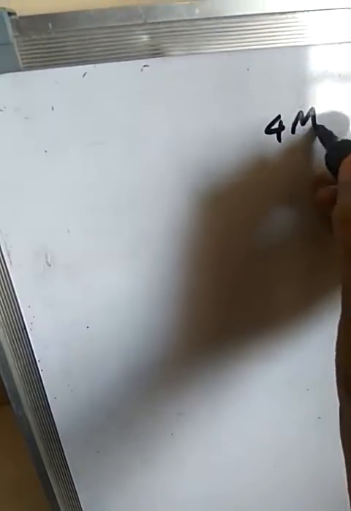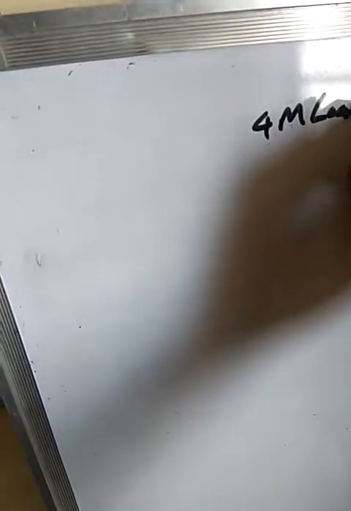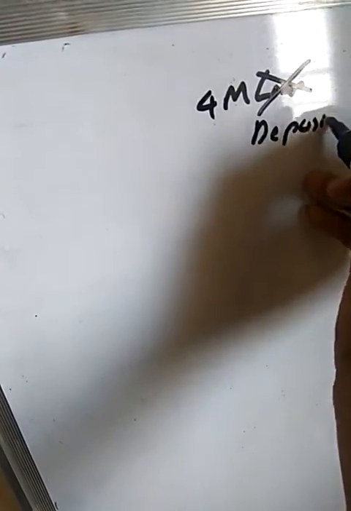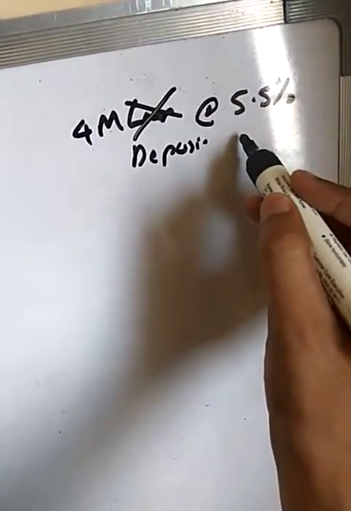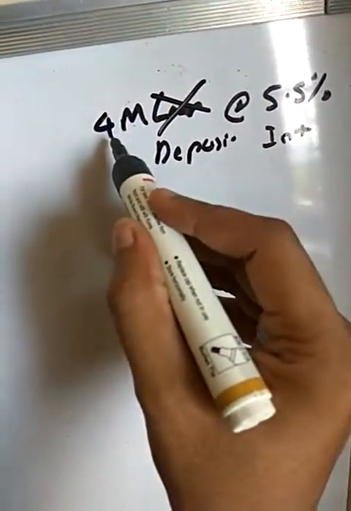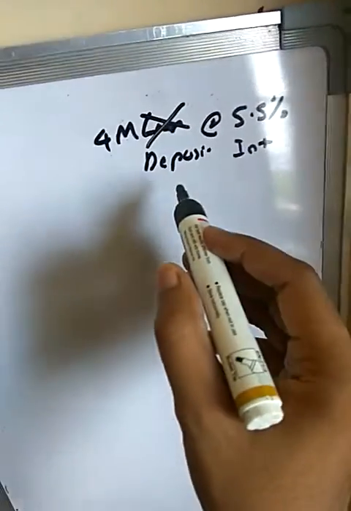You are a bank. The bank gets 4 million. It's a deposit, okay? Deposit at an expense of 5.5 percent. So whatever happens, this bank has to pay 5.5 percent interest on this 4 million to the depositor.